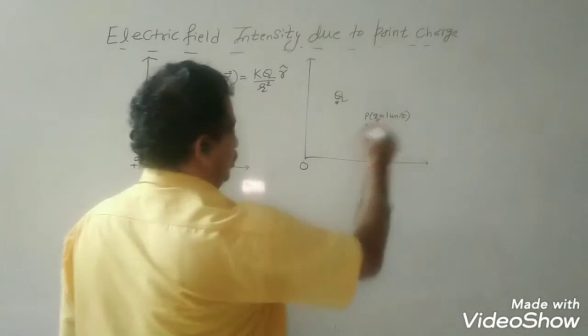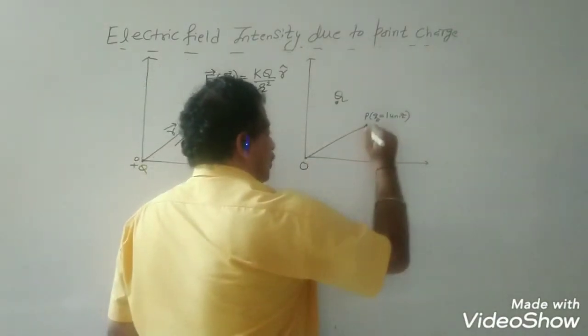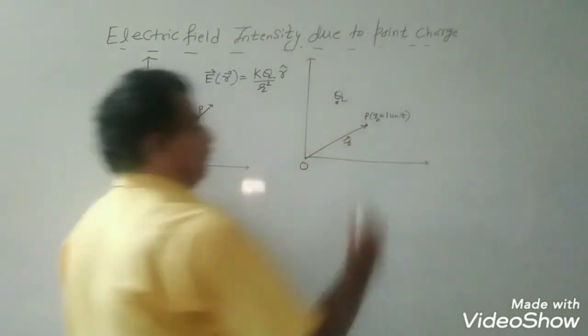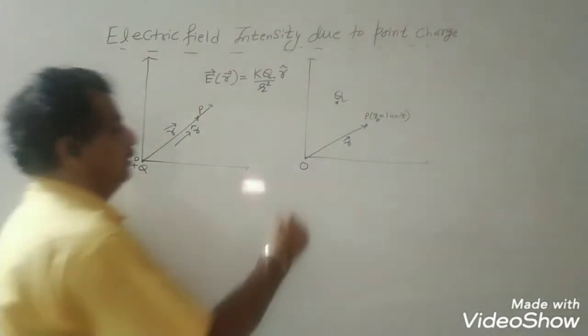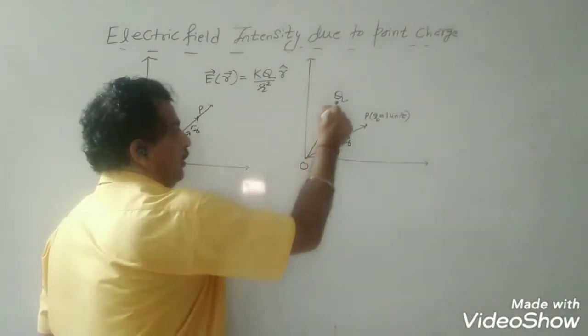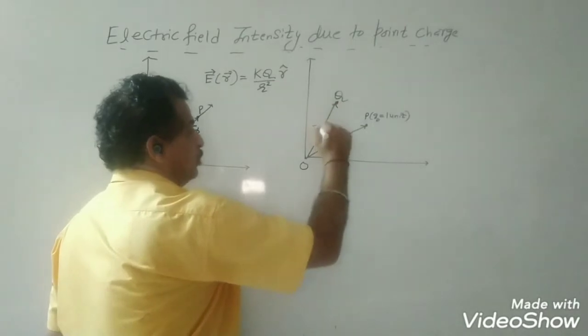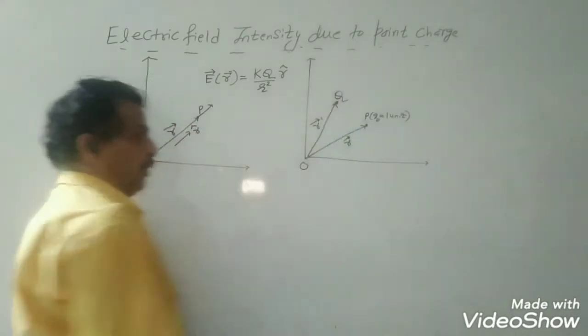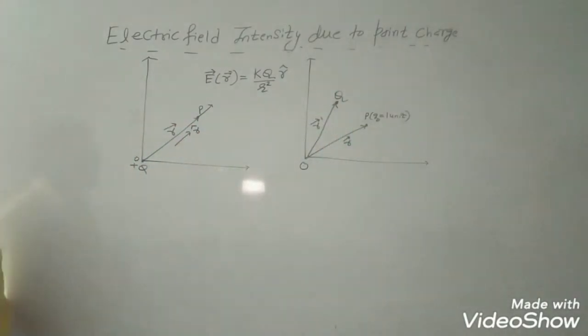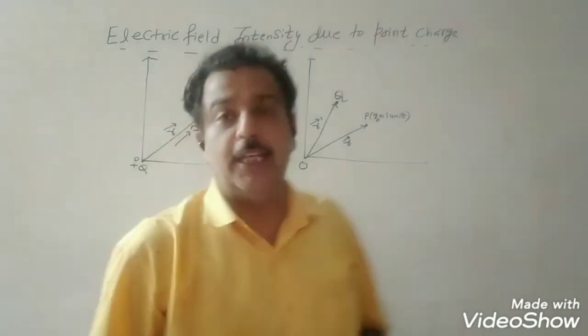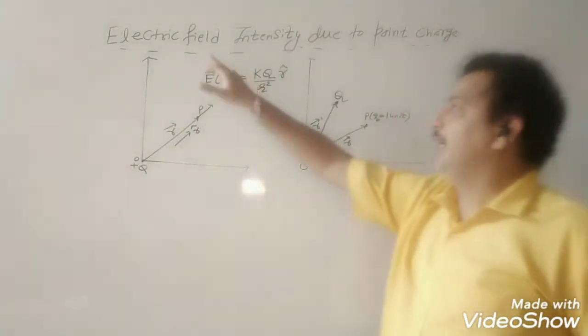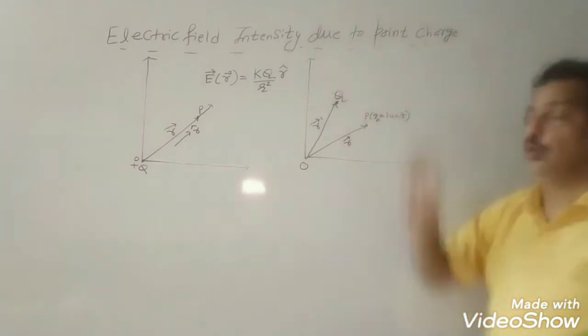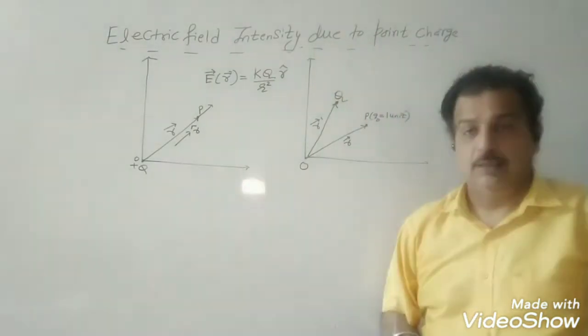We will see about this. Now the position vector of point P is r vector, and the position vector of the source charge is r dash vector. So the diagram has been changed. The topic still remains electric field intensity due to a point charge.